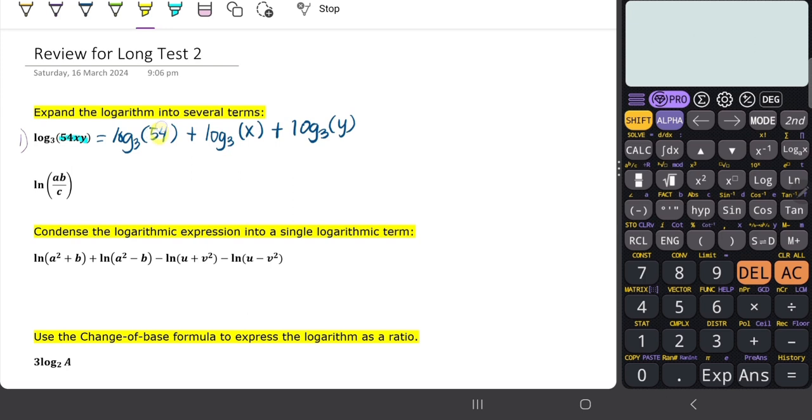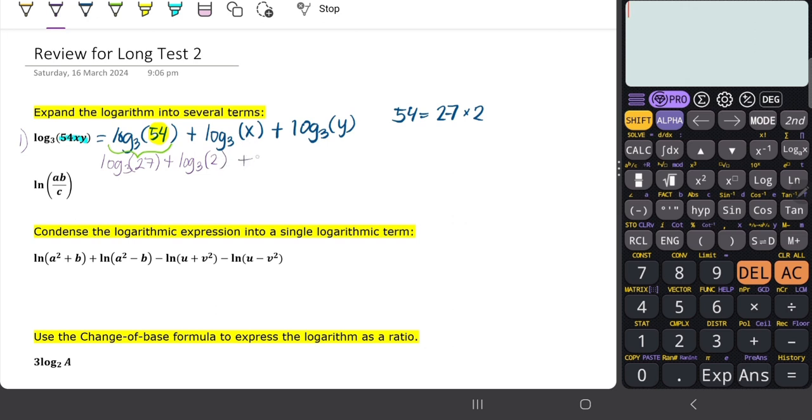However, 54, so pwede pa natin siyang isulat as 54 equals 27 times 2. Okay? So I can further break this down, itong log base 3 of 54 into log base 3 of 27 plus log base 3 of 2.